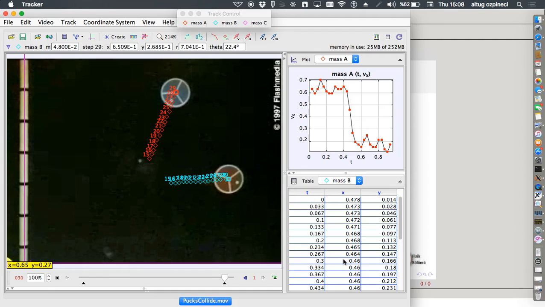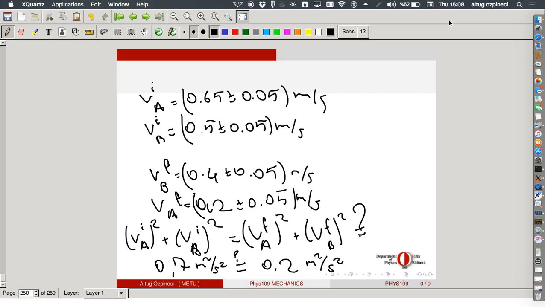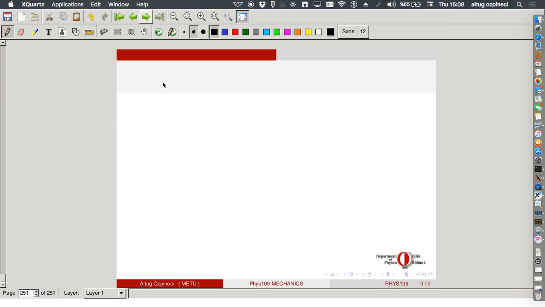Now, let's do this more formally. We have seen that the x component of the momentum in this two-dimensional collision has to be conserved. Let's look at what happens in collisions in general in two dimensions.